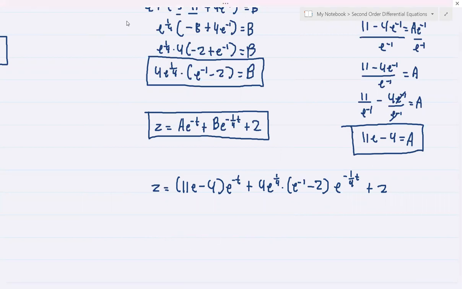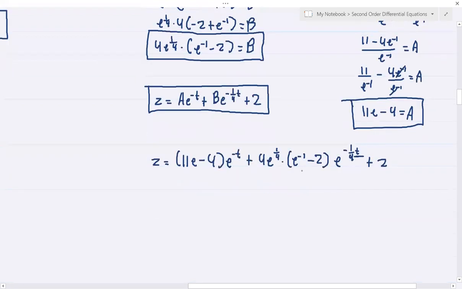Forgive me. Do you know why? Because 1/4 and negative 1/4 are not the same. Negative 1/4 has t, and this one has no t. So yeah, I'm actually wrong. But we can still simplify this one because if you're going to multiply this one, you're going to add the exponents together.